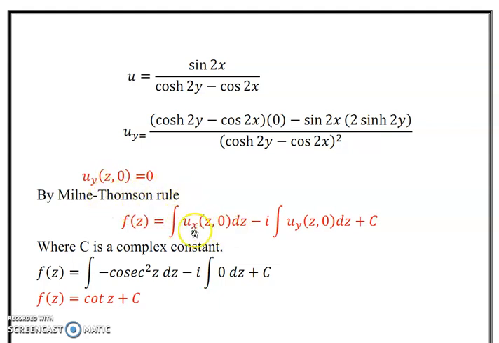Now finally substitute in the Milne-Thomson rule. You get f of z equal to integral of ux of z comma 0, which is minus of cos square z, dz, then minus of integral uy of z comma 0, which is 0. You know that integral of cos square z is minus of cot z. Therefore, f of z equal to cot z plus c.